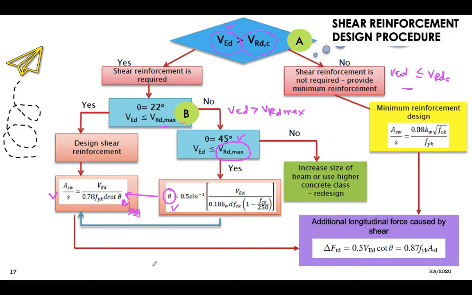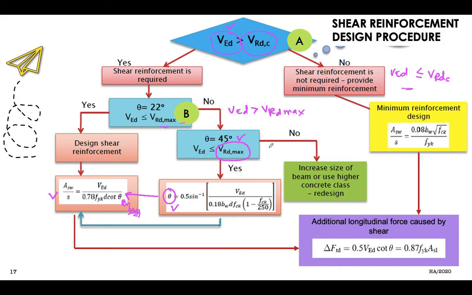If that is the case, whereas we have VED less or equal to VRD max with the theta value of 45 degrees, okay, so here, this is the new theta. So this new theta will be used in this shear reinforcement calculation. Okay, so that is one condition. Then this is another condition, whereas we have VED larger than VRD max.